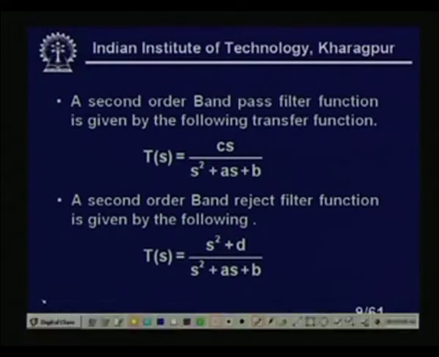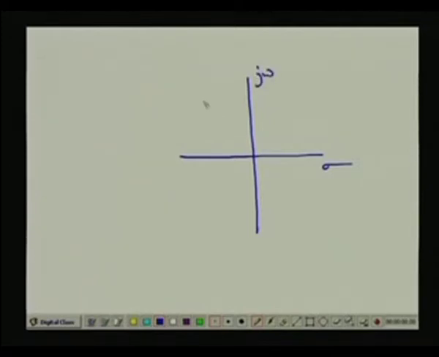The pole zero pattern will look like this in the sigma j omega plane, right. So, we have complex conjugate poles, these poles always lie on a semicircle, and two complex conjugate zeros will be there, right. So, this is our band reject function, clear.